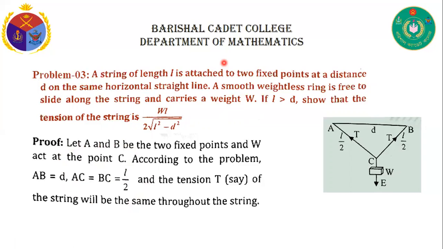So length AC equals length BC equals L by 2, and the tension T of the string will be the same throughout the string. Boys, that's very important. You have to understand: if the ring moves freely, then it goes to the middle point of the string.